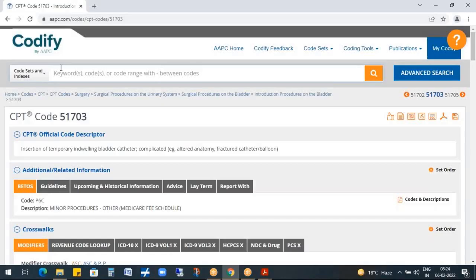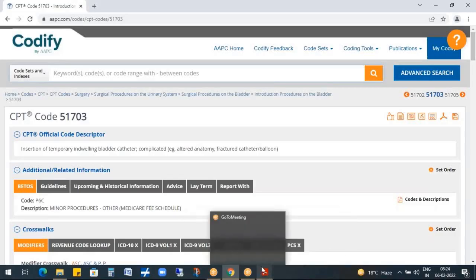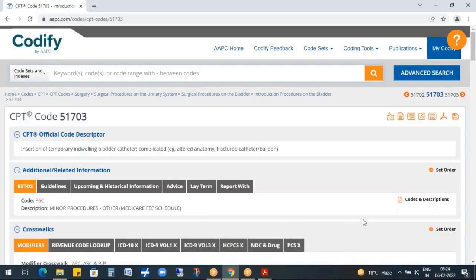But in the question they have not mentioned the Foley, so how can I differentiate? By default there are two codes for temporary indwelling catheter, 702 and 703. If 703 is not your answer, then the remaining option is only 702, that will be your answer.